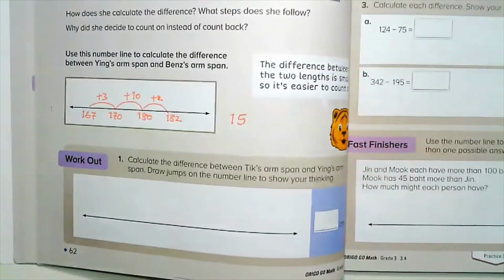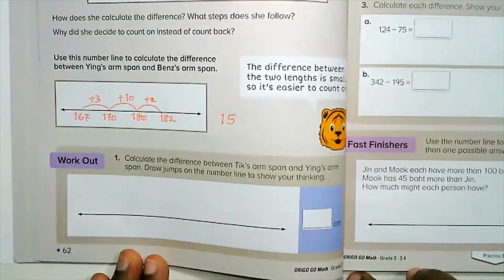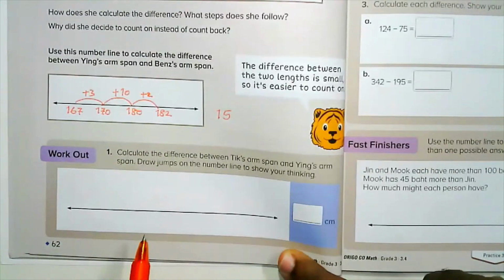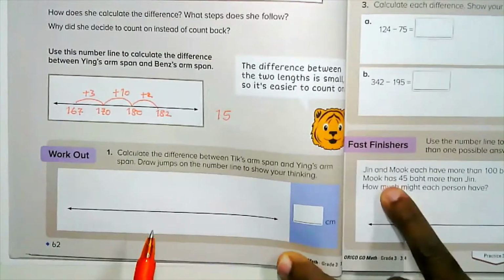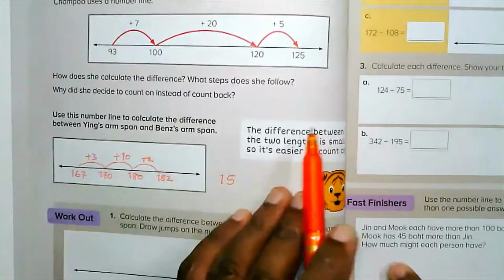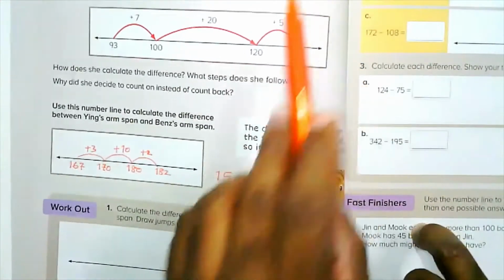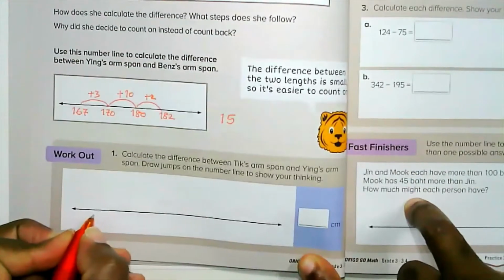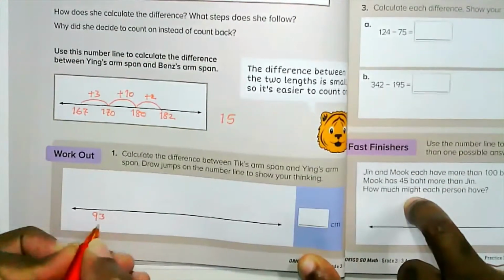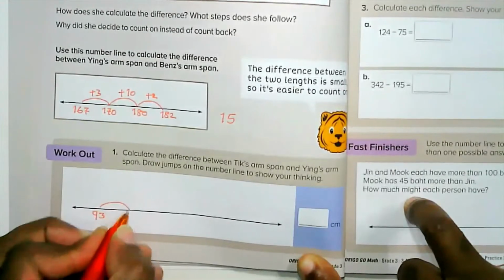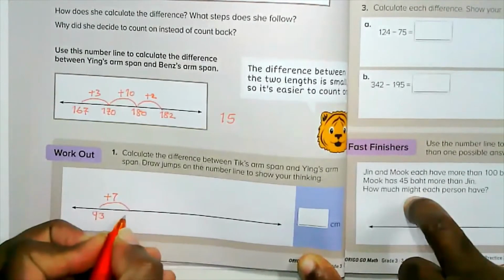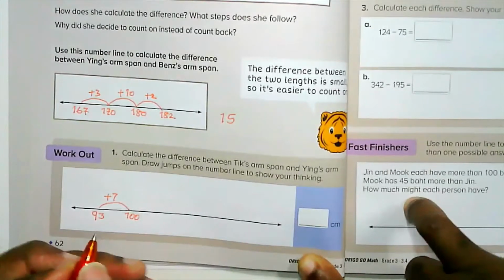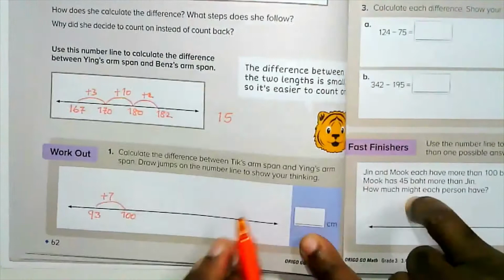Now onto the workout. Calculate the difference between Tick's arm span and Ying's arm span. Draw jumps on the number line to show your thinking. Between Tick and Ying, Tick has the lesser number, 93. Make it 100, will be plus 7. 93 plus 7 is 100. Ying is 167.